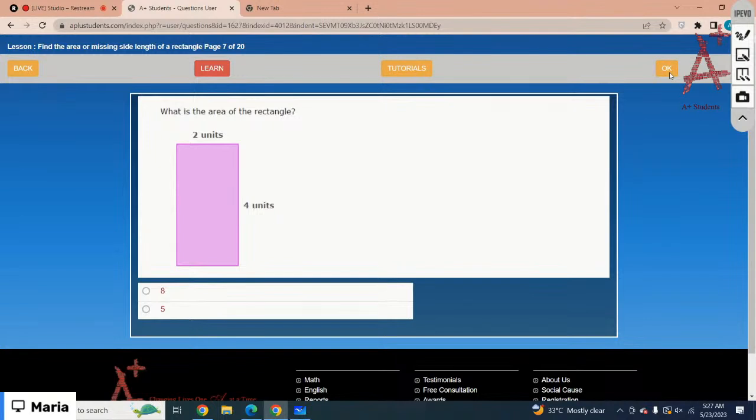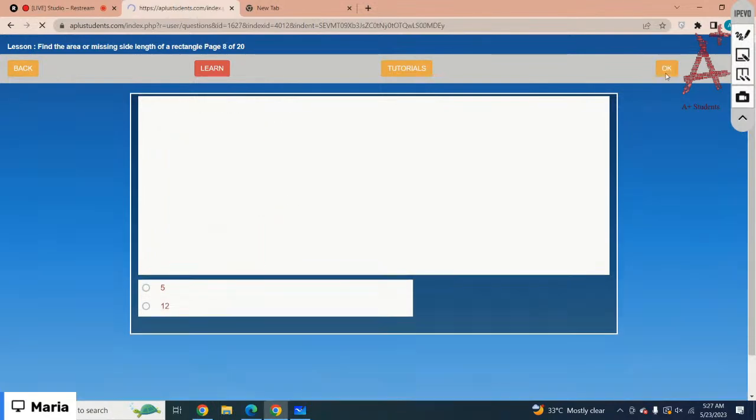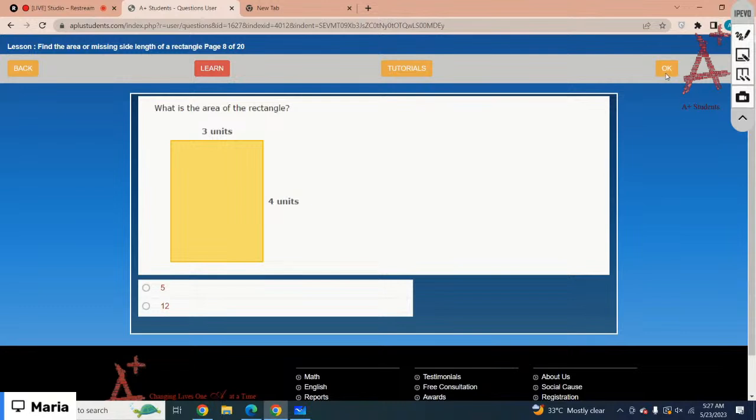It would be 4 times 2 equals 8. What is the area of the rectangle? 4 times 3 equals 12.